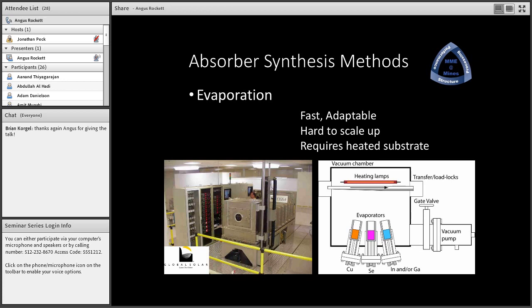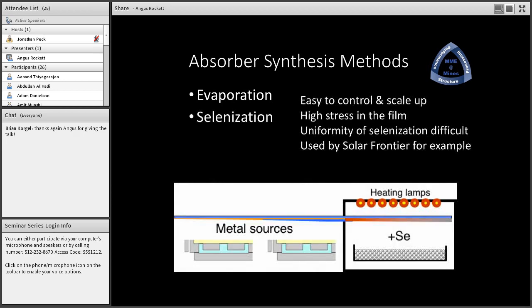This has been worked on for a while at Global Solar, and some other companies have used evaporation. The most successful one is probably either Global Solar or Solibro. They can be scaled up if you can make large evaporator tools.